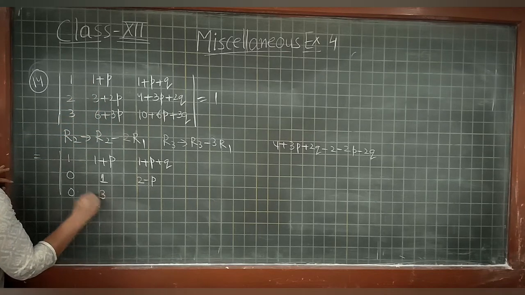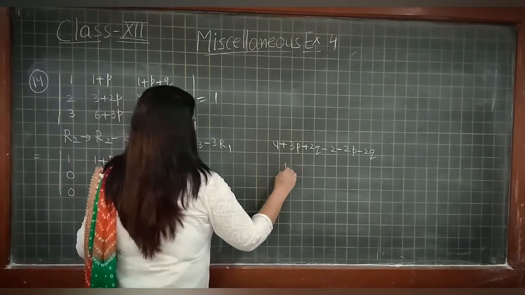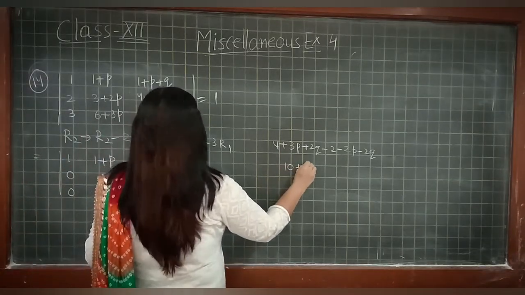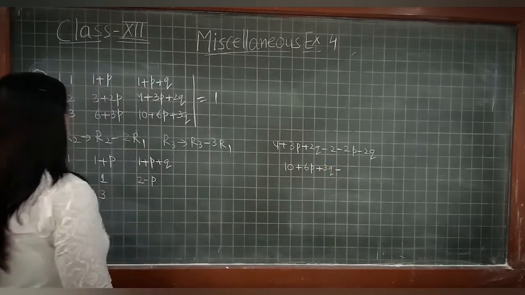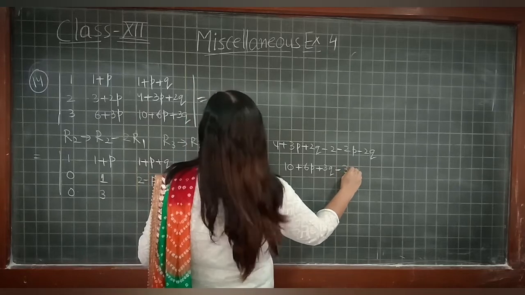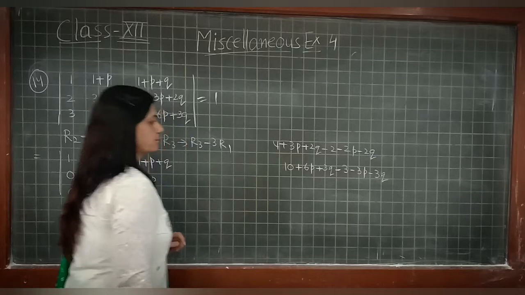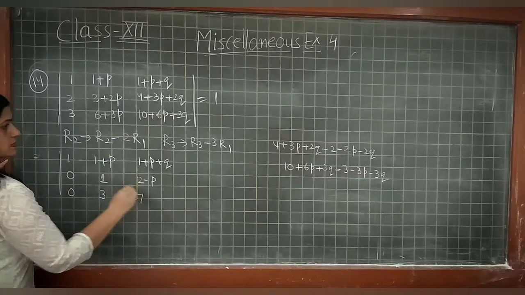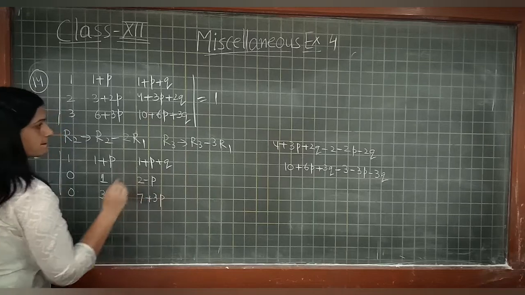So it will be 3. Then we have 10 plus 6P plus 3Q minus 10, 3 minus 3P and minus 3Q. Okay, so it will be 7 plus 3P.